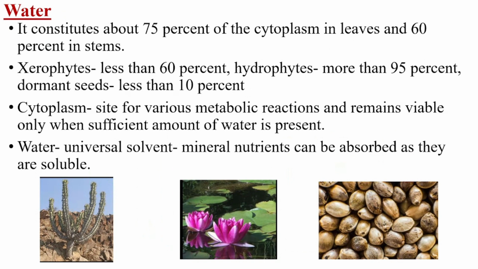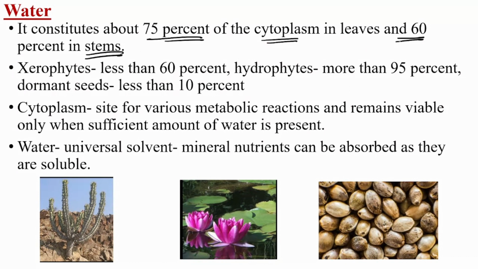Okay, now let us talk about water. We all know that plants are made up of 90% water. The cytoplasm in the leaves of a typical plant has 75% water, and the remainder can be proteins, organic nutrients, mineral nutrients, etc. In the stem, the cytoplasm contains 60%.